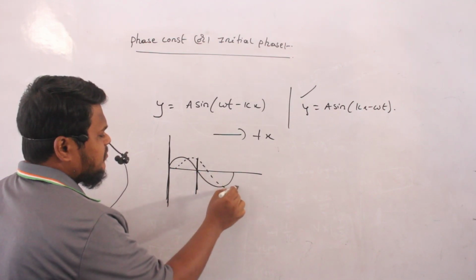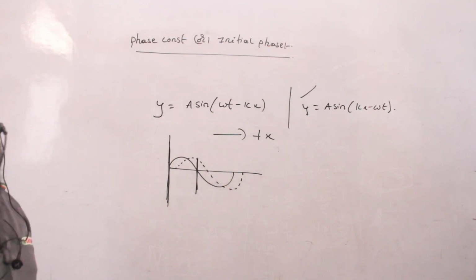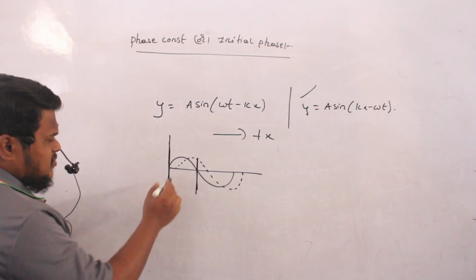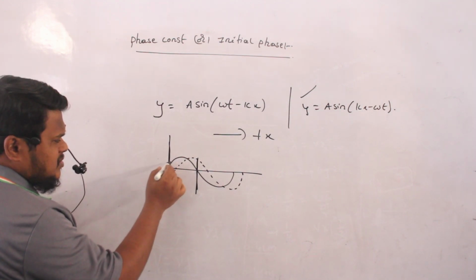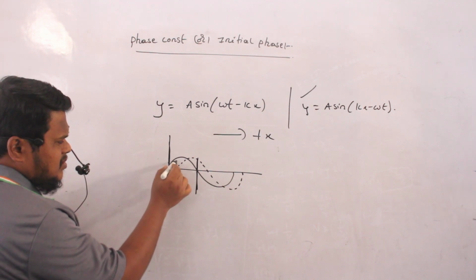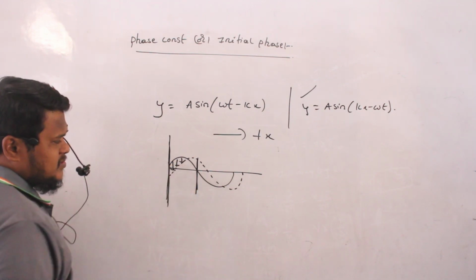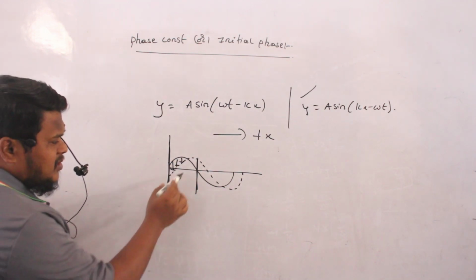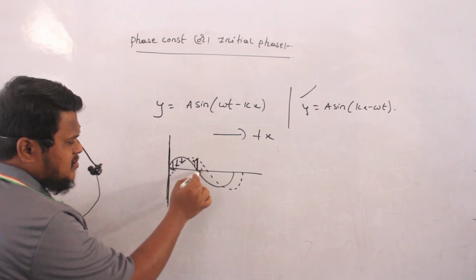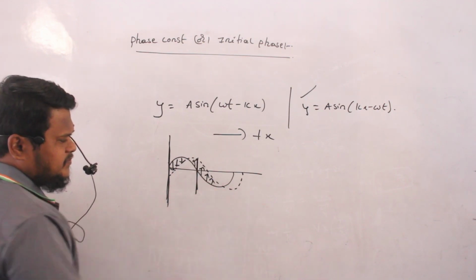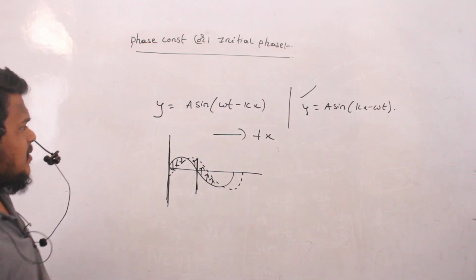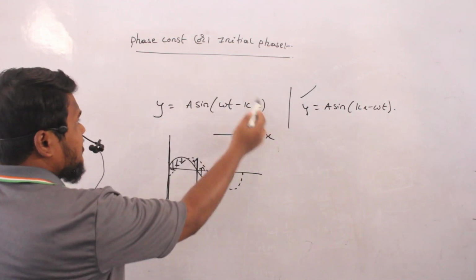Now let us try to understand why we are writing waves like this. Let us draw one dotted line. This dotted wave indicates that the wave has traveled forward after some time. If you see the particles here, they are moving downwards, and the particles on the other side are moving in the upward direction.